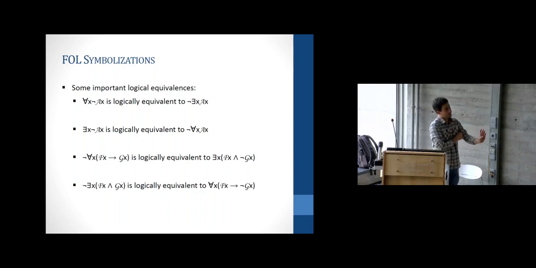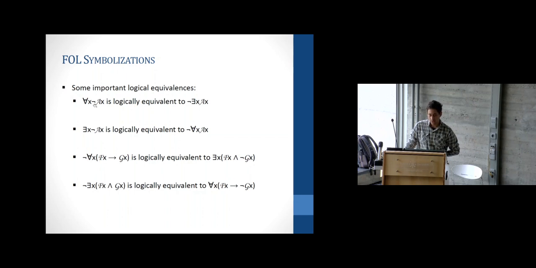For all x, not A x is logically equivalent to it's not true that there is an x which is an A x. Okay? There is an x, not A x is logically equivalent to saying it's not true that all x are A x.